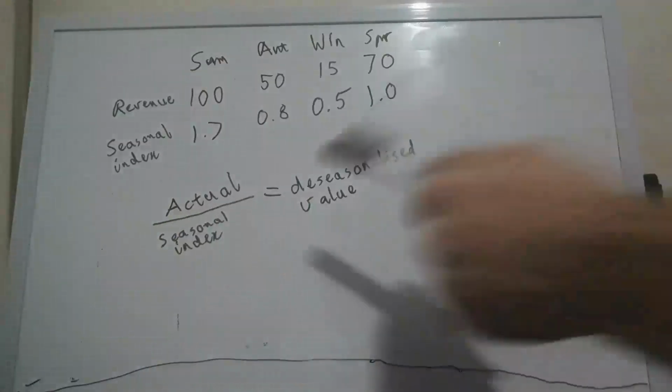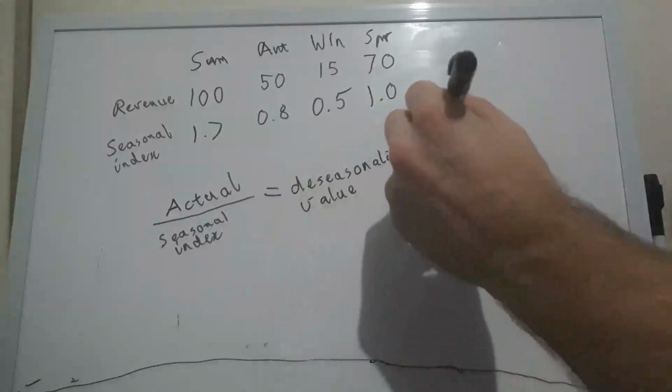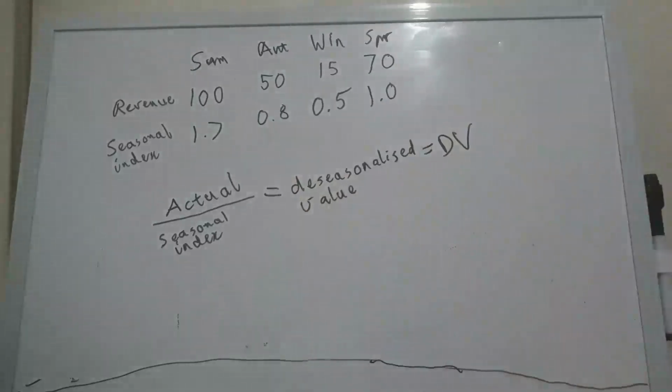Deseasonalized. Word of the day. Similar to its cousin, reseasonalized, which we'll get to. I'm going to call that DV, because I don't want to write that word all over again.